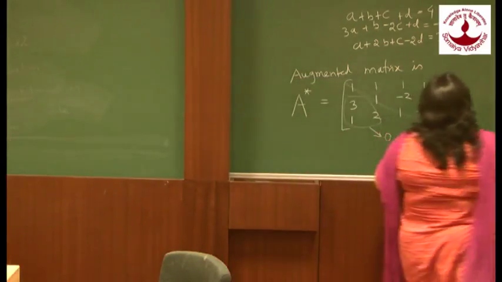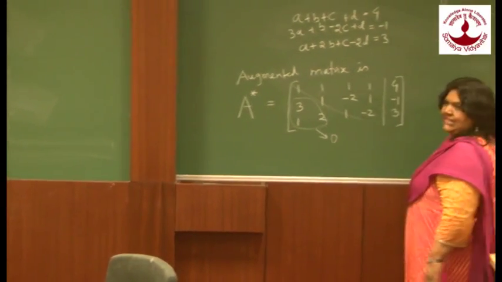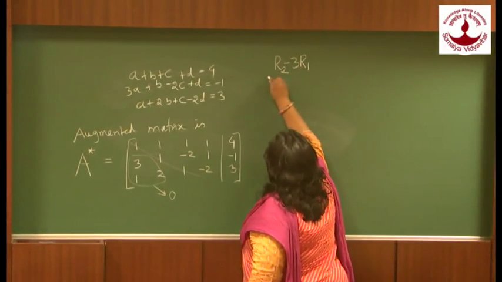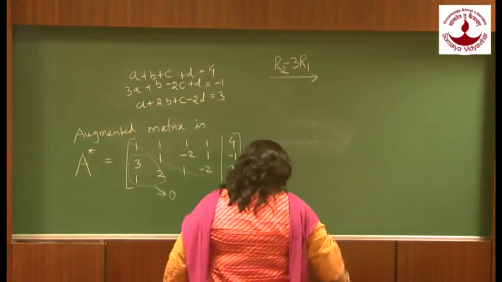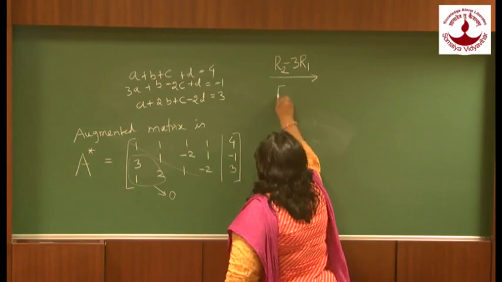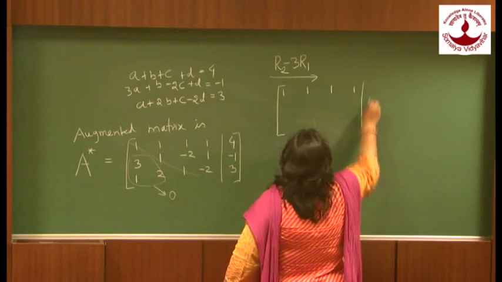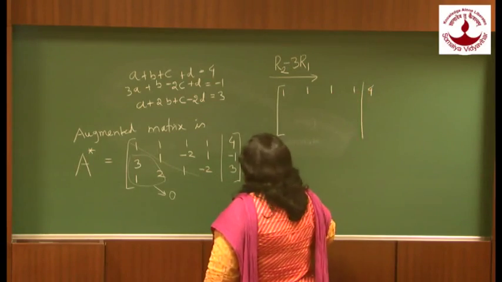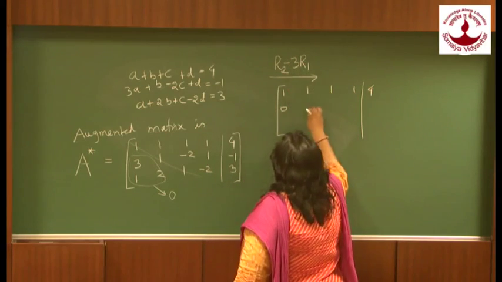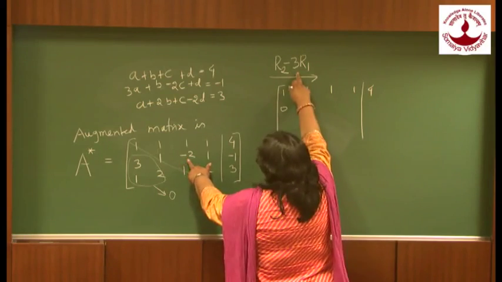So second row, how is this written? See, R2, second row minus 3 R1. R2 minus 3 R1. So let us quickly write down what the entries are then. 0. This will become 0. Minus 1 minus 3 is minus 2. 1 minus 2 is minus 3.